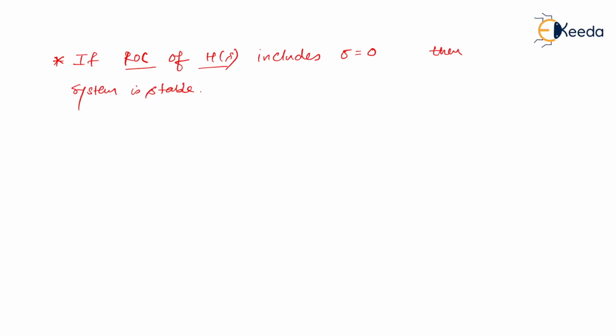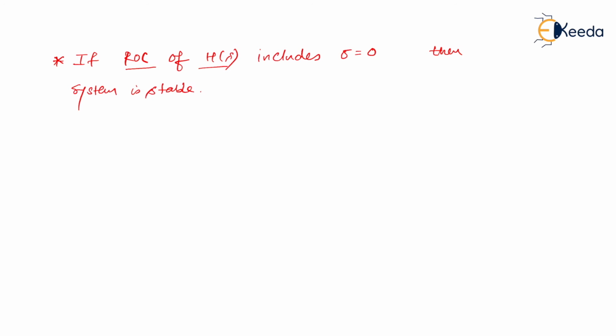So now you can observe a particular ROC. That ROC may include the sigma equal to 0 point, or may not. If it includes the sigma equal to 0 point, I can say the system is stable. If it does not include it, then I can say the system is unstable. I hope you got my point. Now you know where the sigma equal to 0 point is. Of course, it is nothing but your origin.